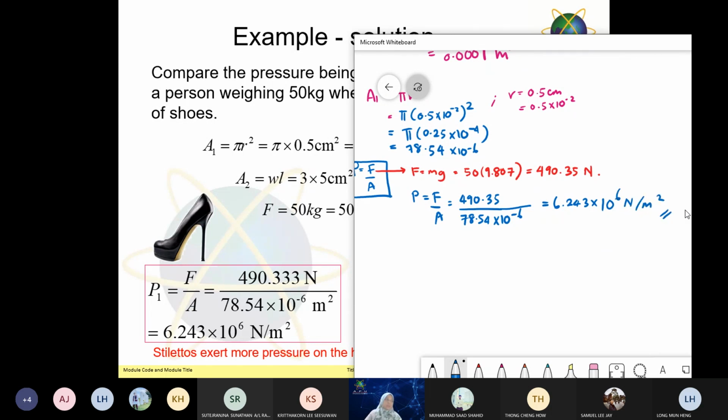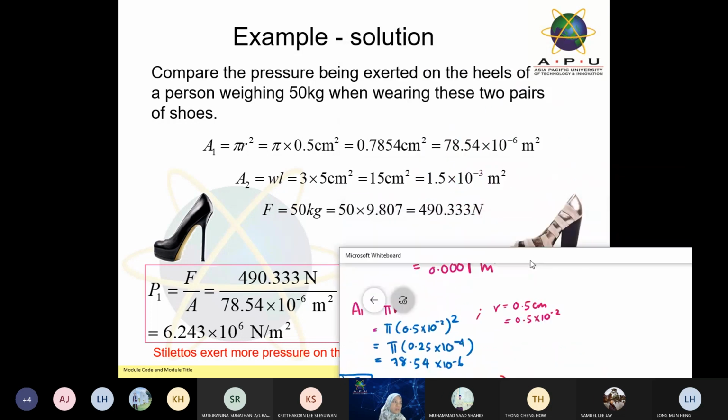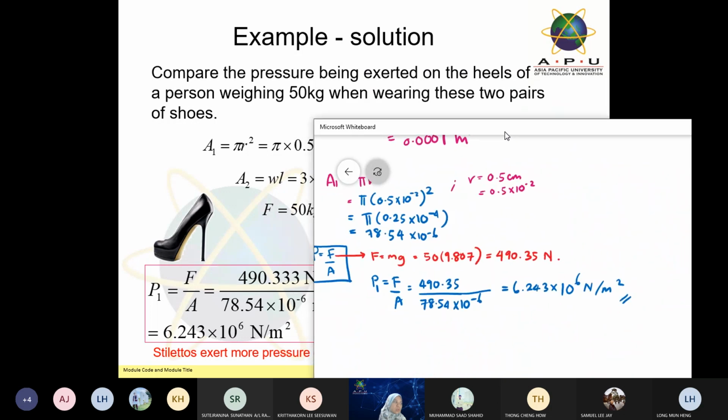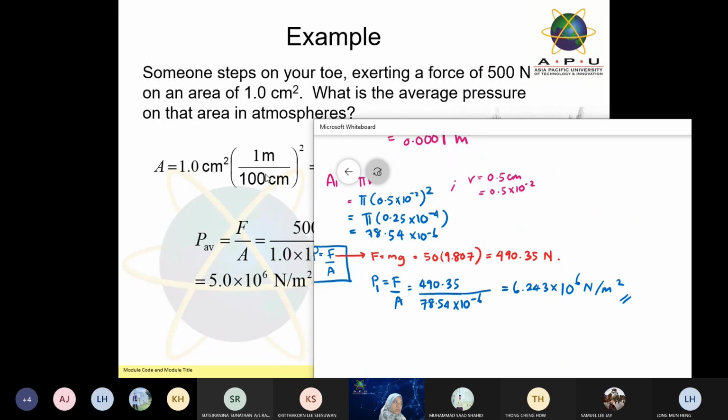Okay, settled. So now we have settled the A1 and P1. Now you do the same steps for the A2. Move back to the previous slide.